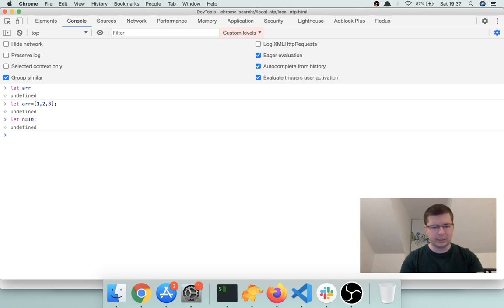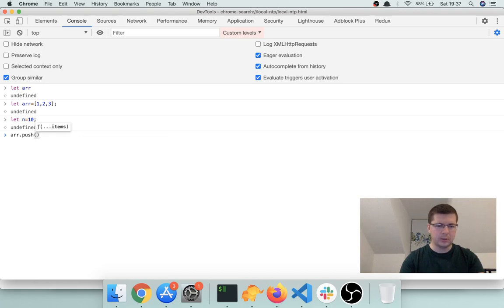Now if I say array push and in here I pass n--, what's going to happen is if I push n--, what's going to be pushed in the array is going to be 10, and only after 10 is pushed, n will become 9. So its value will be decreased.